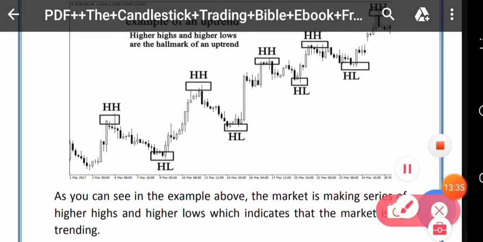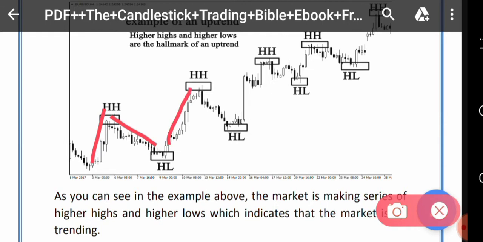it forms a higher high, and then it makes a little retracement downwards to form a higher low. It makes another movement upwards to form a higher high, then makes another movement downwards to form a higher low, and then this series keeps on repeating itself.